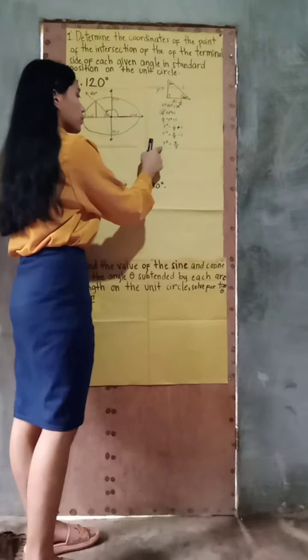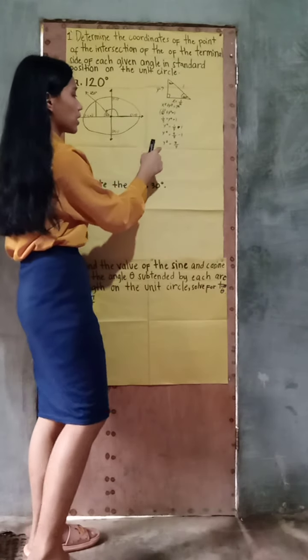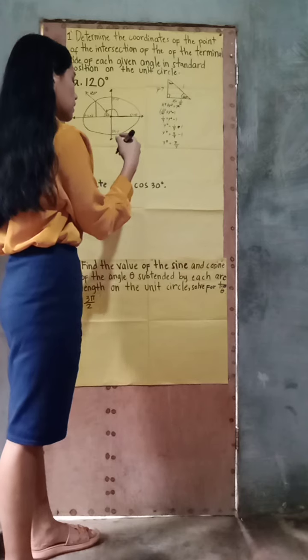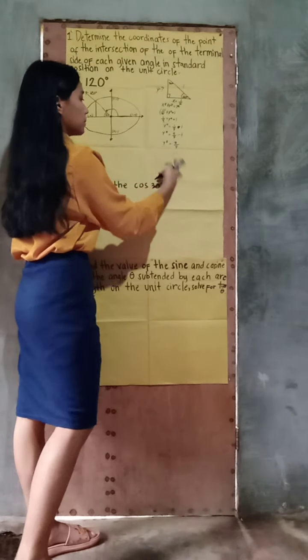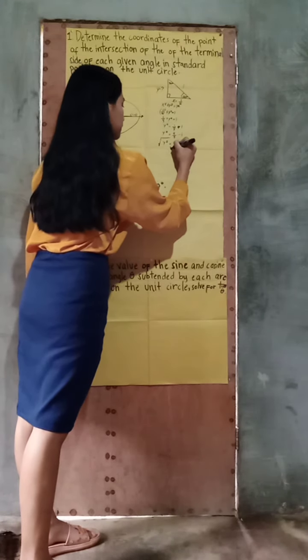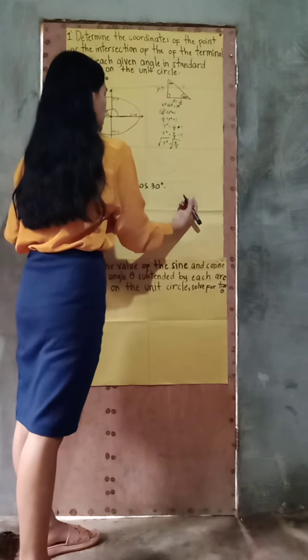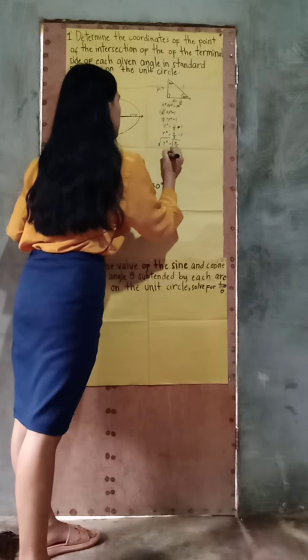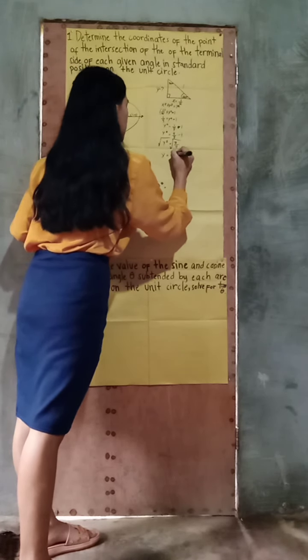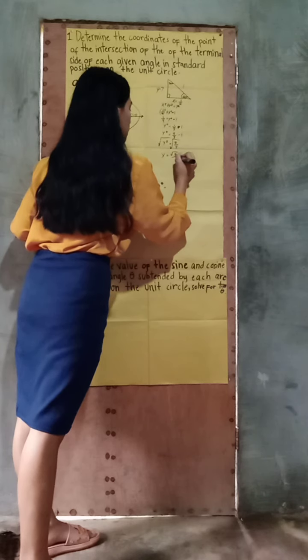To get the value of y, we will get the square root of both sides. And therefore, y equals square root of 3 over 2.